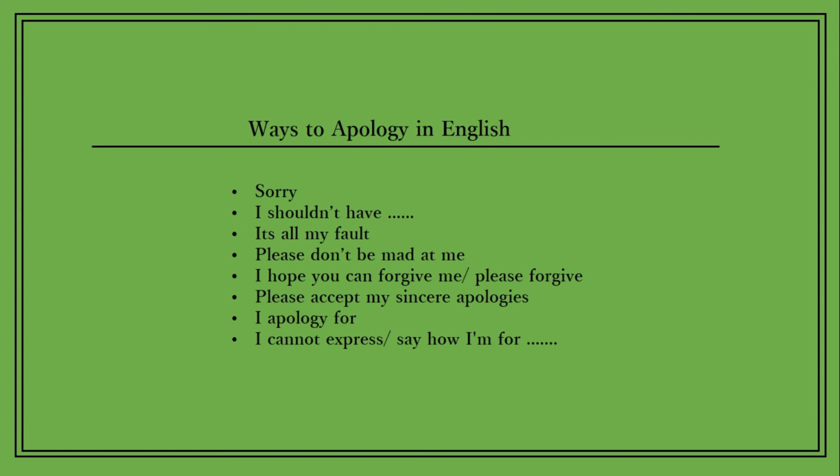We can say sorry, I am so sorry, I am extremely sorry, I am very sorry, or I am terribly sorry. We can also use another expression, how careless of me.